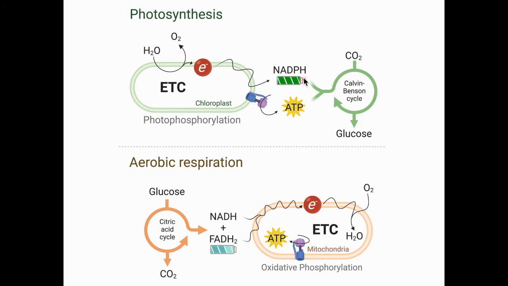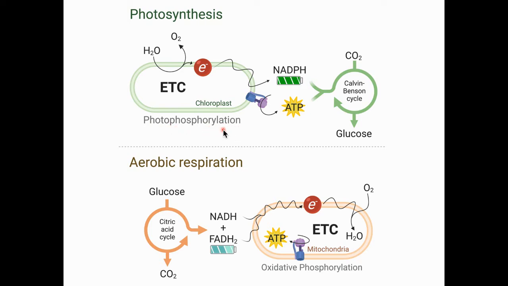So both NADPH and ATP are the products of the electron transport chain in photosynthesis, and by making ATP using the differences in proton gradients between inside and outside of the thylakoid membrane, we call that process photophosphorylation.